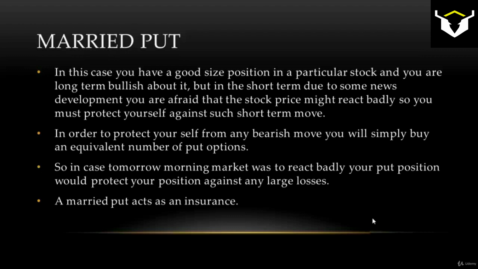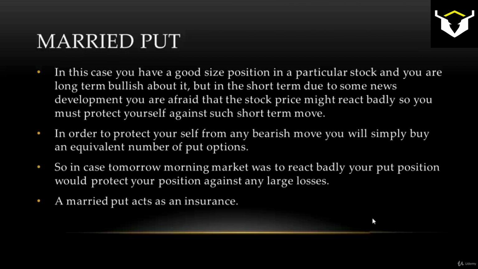So let's say you have bought 1000 shares of a particular stock, and the stock has done well in the previous several months. But now, due to some internal news development, you think a board meeting might have a bad reaction on the stock, and the stock might have a severe correction. So how do you protect yourself from such a correction?